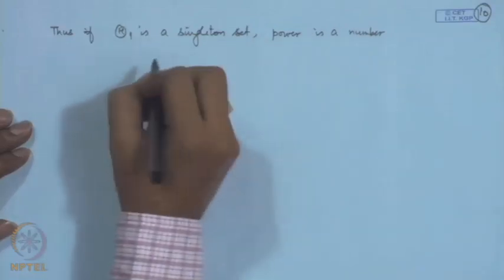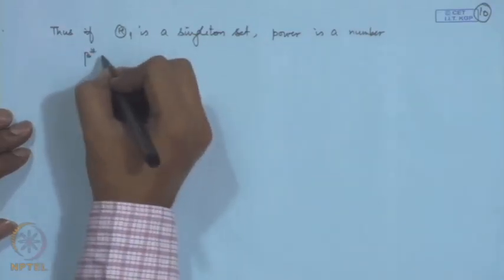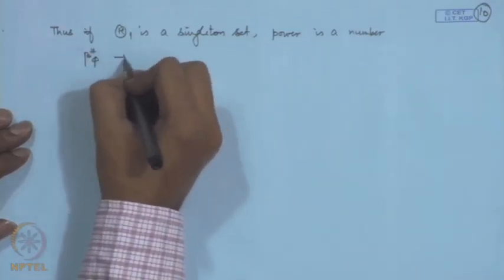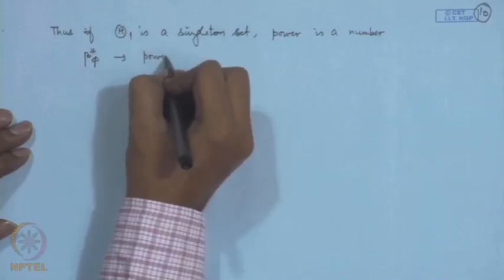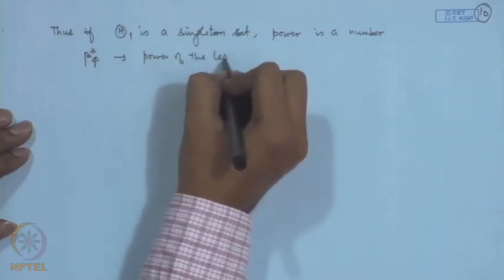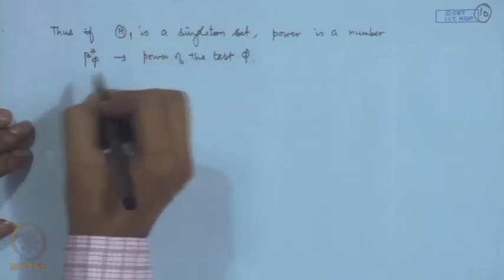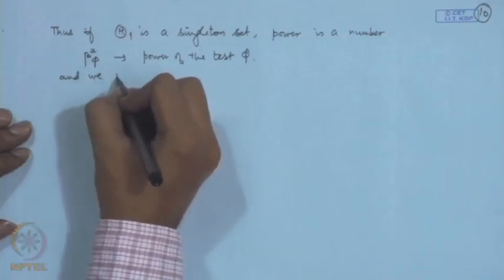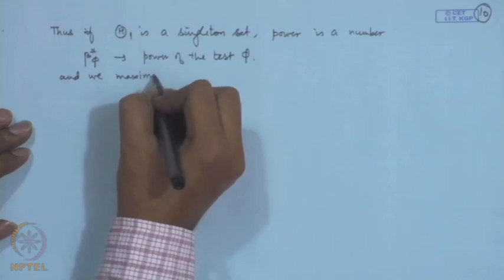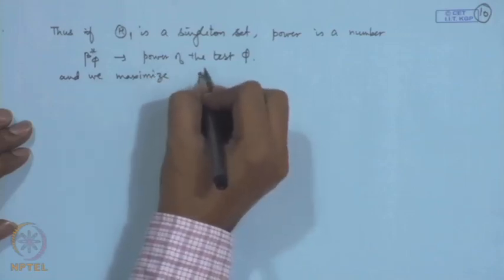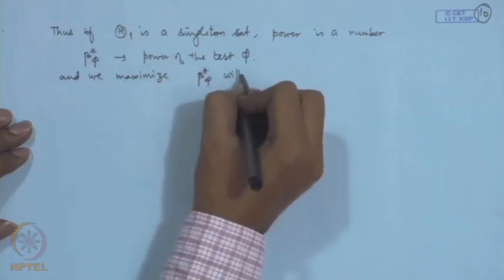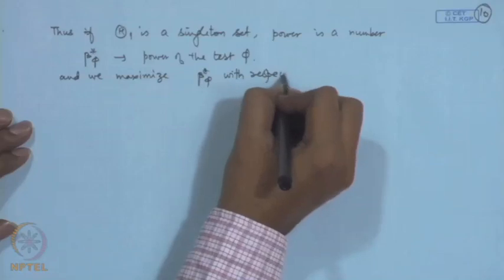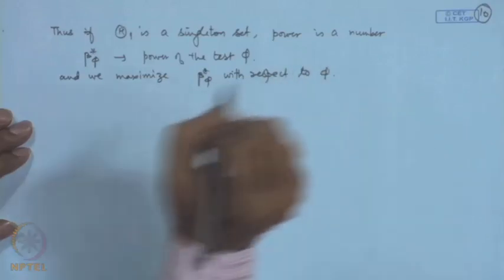So, we can use the notation, say, beta star phi to denote the power of the test phi, and we maximize beta star phi with respect to phi.